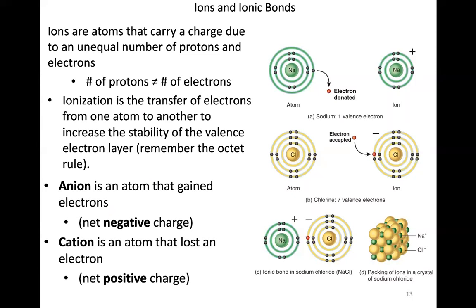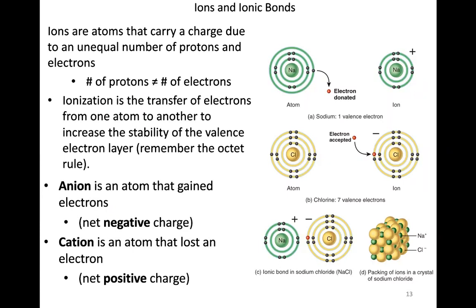Originally there were 11 protons, 11 positive charges, 11 negative charges, but now we've lost one of those negatives, so now we have 11 positives and 10 negatives, so now we're +1 for sodium. A lot of times you'll see sodium listed as Na+, which means it has a +1 charge.